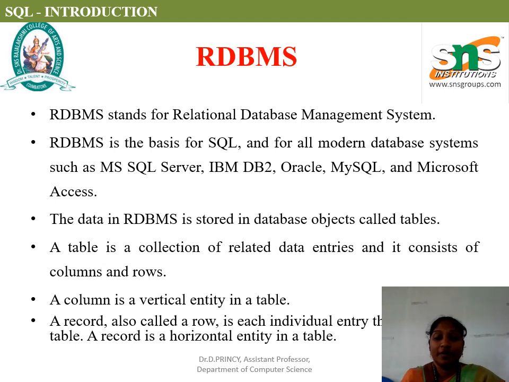We already know a table is a collection of related data entries and it consists of columns and rows. A column is a vertical entity in a table and a row is a horizontal entity in a table. A record, also known as a row, is each individual entry that is stored in a table.